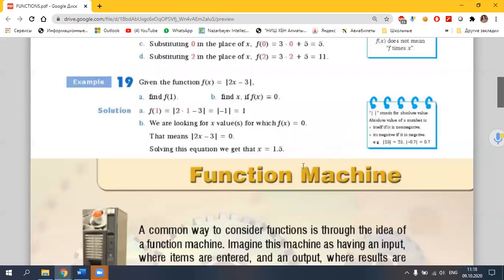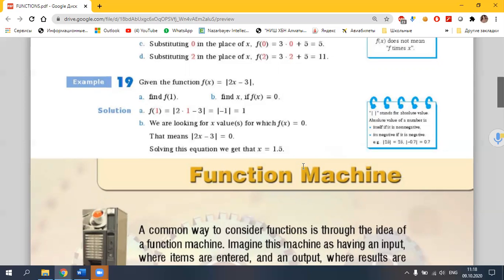Келесі, given the function f of x equals, модульді нені қалай айтамыз? Absolute value, абсолюттік мән. Absolute value of 2x minus 3. 2x minus 3-тің абсолюттік мәні. Find f of 1. Бірді қой.